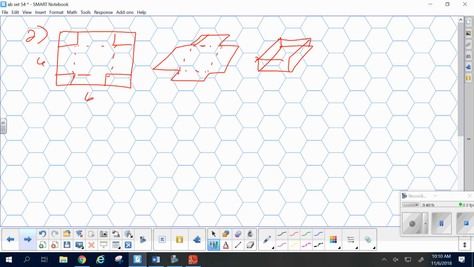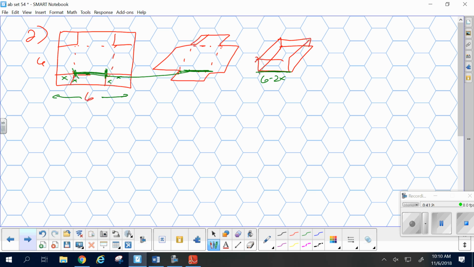Now what I want you to do is look at this green and trace back to where it came from. This was 6, but I don't know how much I'm taking out of each. So how long is that green segment if it was 6, and I took x off each side? It's 6 minus 2x.